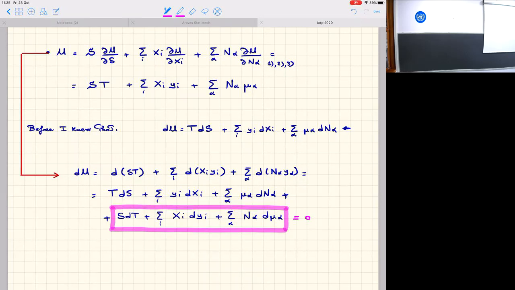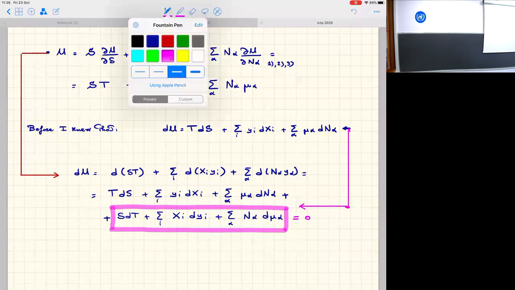This equation implies that this is equal to 0. All right, so now the fact that this is equal to 0 is quite important. Why?